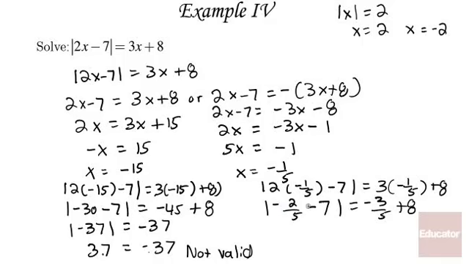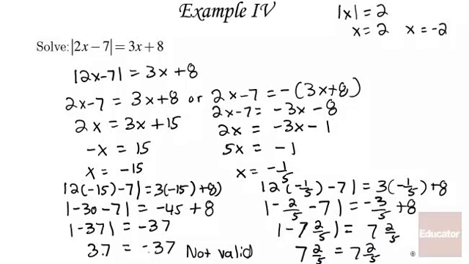Adding these together, I get the absolute value of negative 7 and 2/5 equals 8 minus 3/5, which is 7 and 2/5. The absolute value of negative 7 and 2/5 is 7 and 2/5, equals 7 and 2/5. And that is true. This is a valid solution. So I actually have only one solution to this equation, and it is x equals negative 1/5.